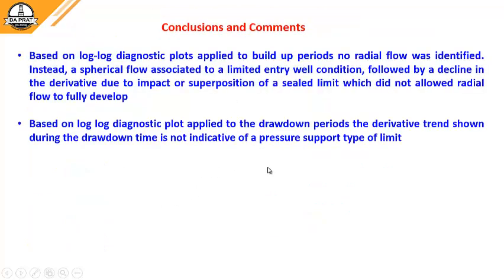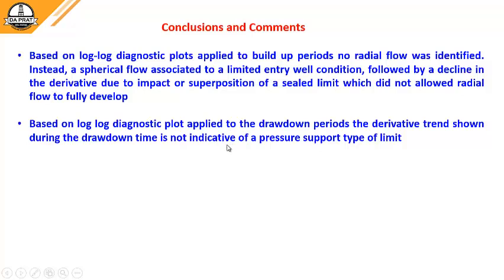So conclusions, based on log diagnostic plots applied to buildup periods, no radial flow was identified. Instead, a spherical flow associated to a limited entry well condition, followed by a decline in the derivative due to the impact or superposition of a sealing limit, which did not allow radial flow to fully develop. There are many cases like this in practice.